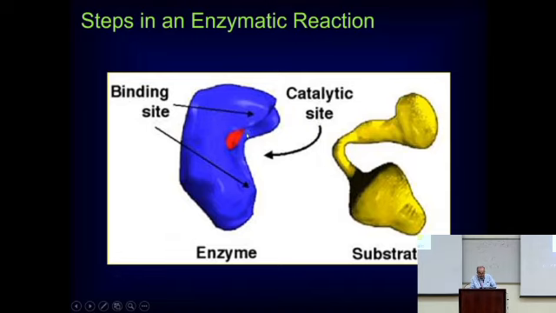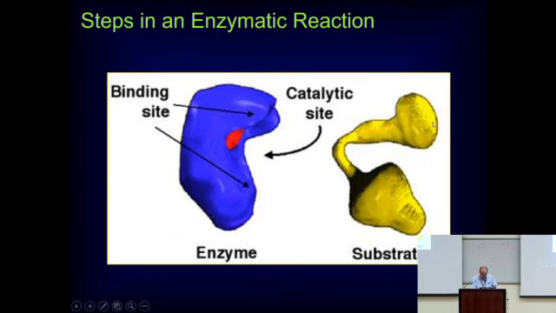And within it, there's going to be a small area of maybe 10, 20 amino acids, which are the catalytic sites. That's where the substrate is changed. However, the association of the substrate with the enzyme requires a larger area on the enzyme, the binding site. Okay, so binding site large, catalytic site smaller number of amino acid residues.